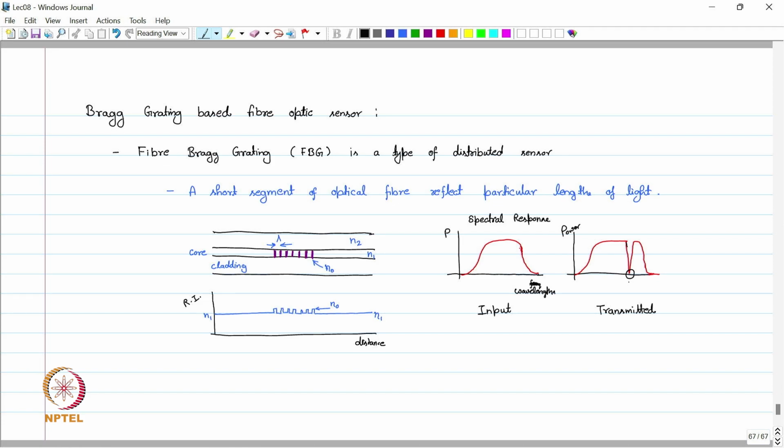here. This is, let's say, lambda dash, and on the input side where we are sending these wavelengths, we get this reflected wavelength. This is power and this is the reflected one.